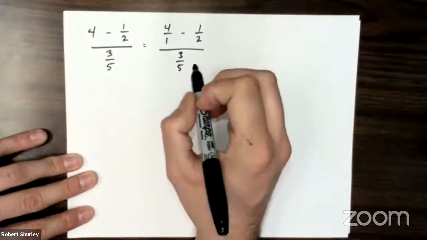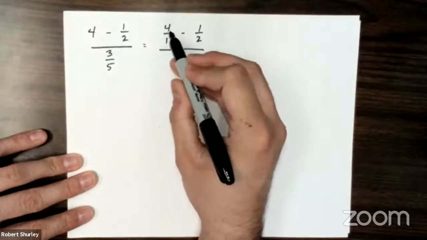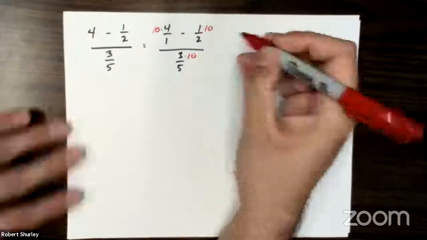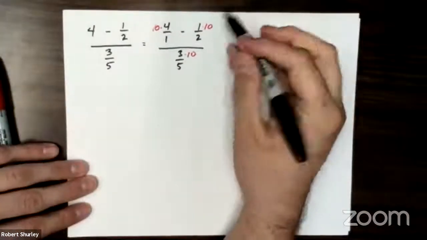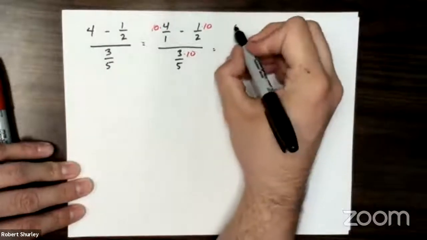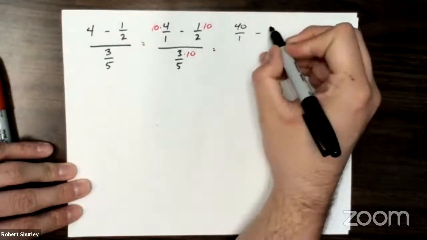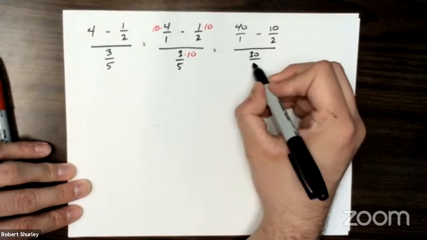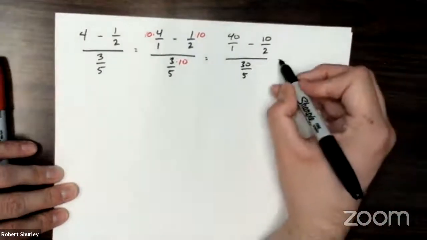So I'm going to take 10, and I'm going to multiply it into each numerator. So this winds up being 40 over 1 minus 10 over 2 divided by 30 over 5, right?